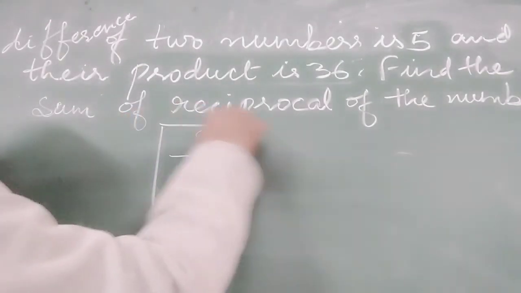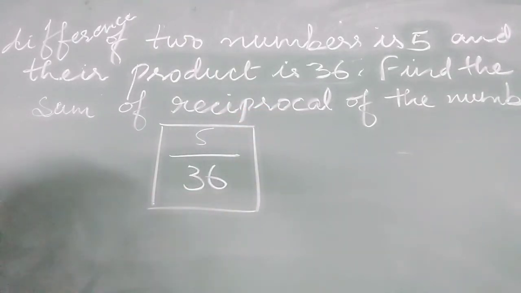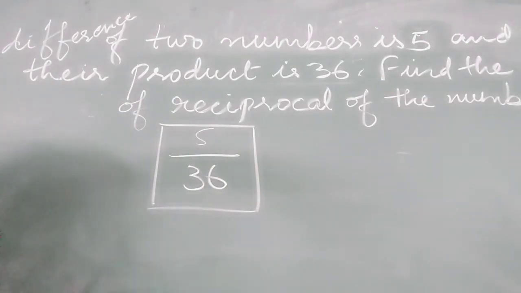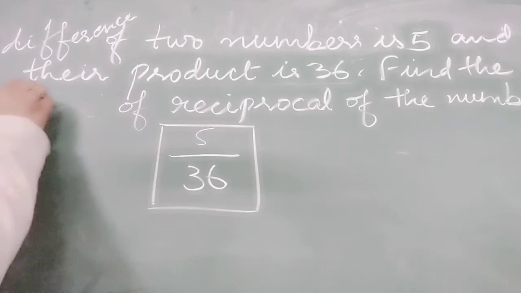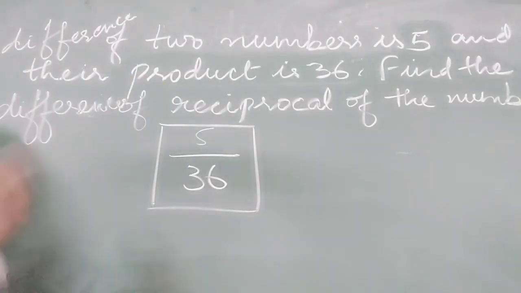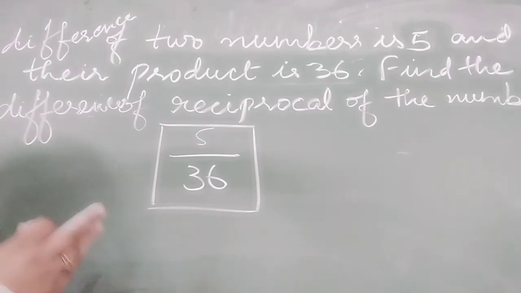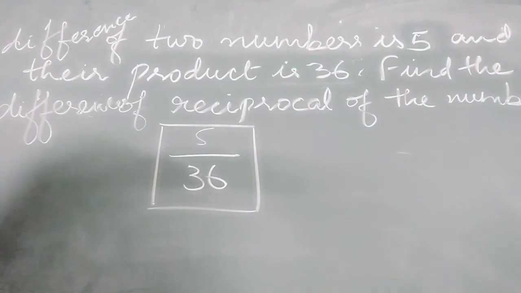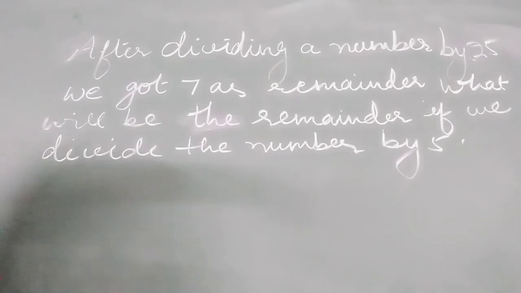So the difference of the reciprocals will be 5 upon 36. Sorry, this is not the sum, this is the difference. So if we have to find the difference of the reciprocals of the numbers and the difference of the two numbers is given, then again we repeat the same process: the difference of the numbers upon the product of the numbers.